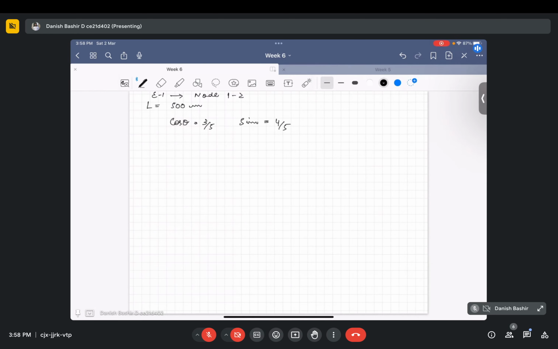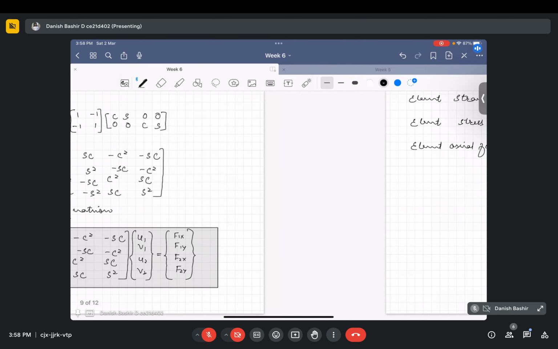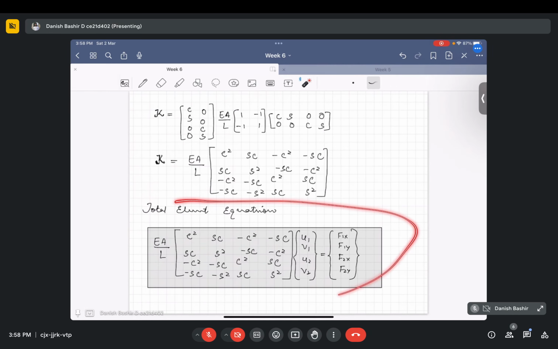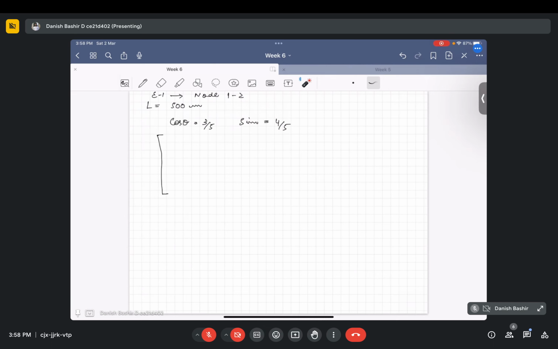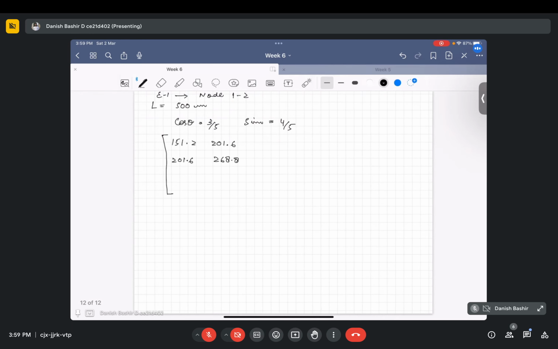So if we write the element equation for element 1, it will become 151.2, 201.6, this is again 201.6, and this is 268.8. These other things are actually the same.